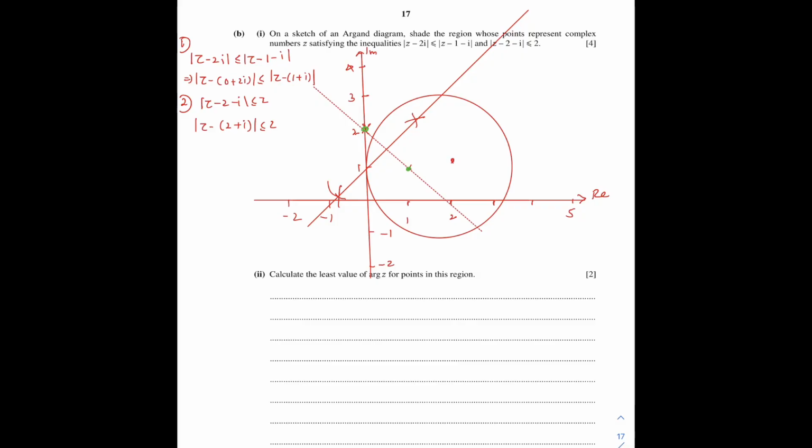Now, first of all, for part 1, modulus of 0 plus 2i is less than or equal to 1 plus i. So 1 plus i is farther than 0 plus 2i. That means the perpendicular bisector, that's fine. Next one.